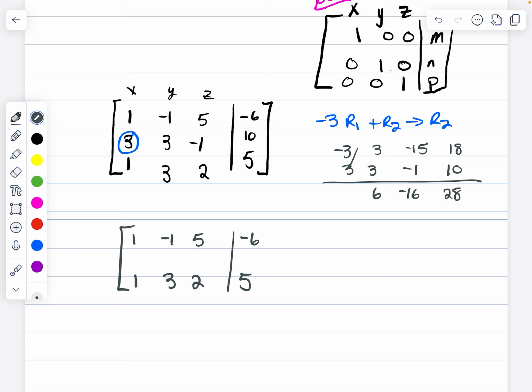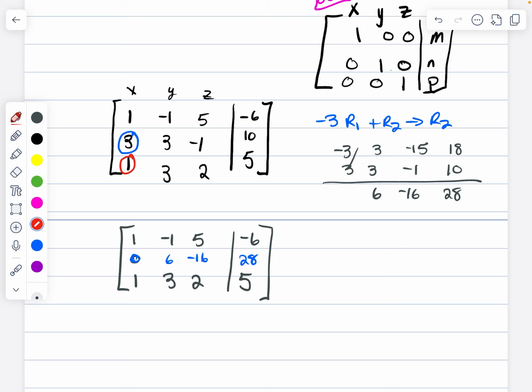I think that's right. So this is 0. I'm going to put that in a different color. So that's 0, 6, negative 16, and 28. So that's one goal accomplished.